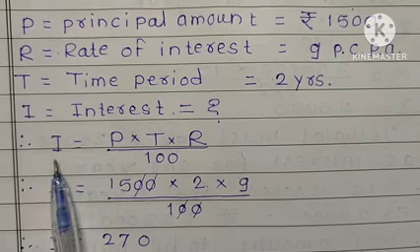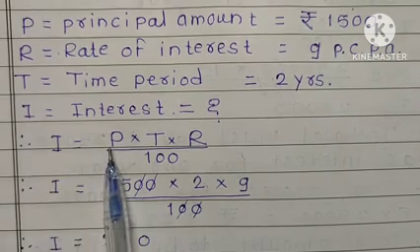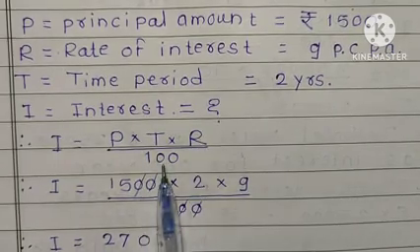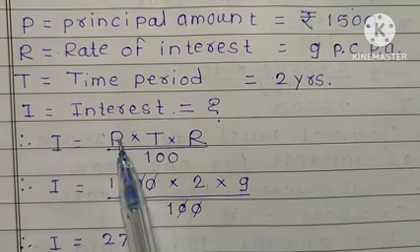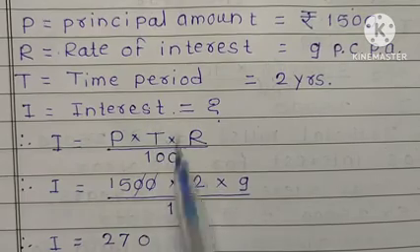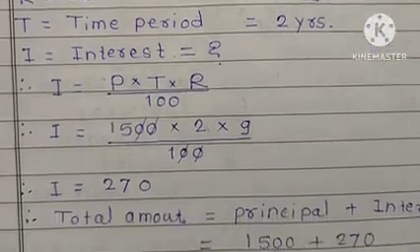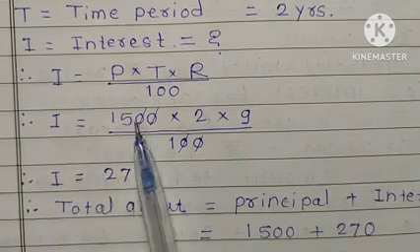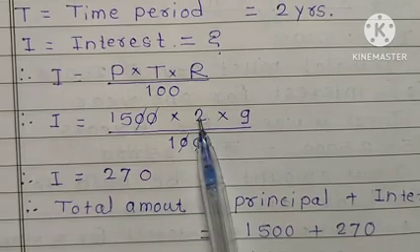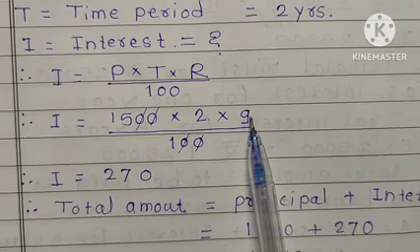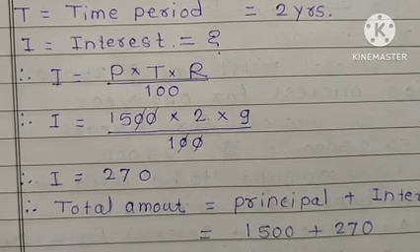Simple interest I is given by P into T into R upon 100. You have values of P, T, R. You can substitute. After substituting, you will get I is equal to P is 1500, T is equal to 2 years, R is equal to 9 percent per annum, upon 100.